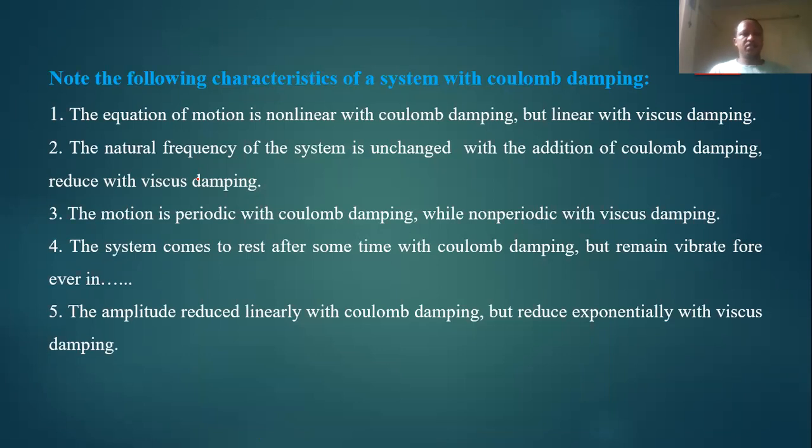Note the following characteristics of a system with Coulomb damping. One, the equation of motion is nonlinear with Coulomb damping, but in the case of viscous damping, it is linear. The equation of motion is linear in the case of viscous damping, but in the case of Coulomb damping, it is nonlinear.